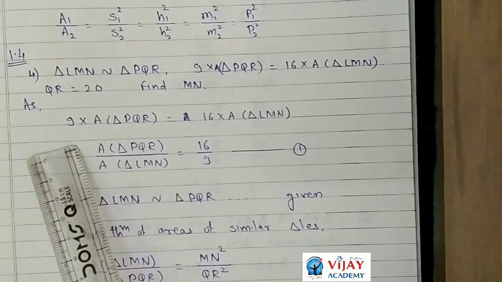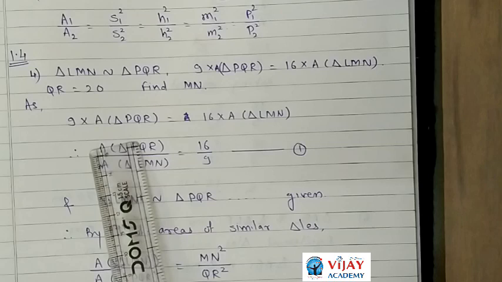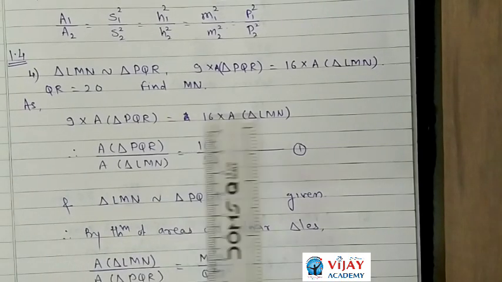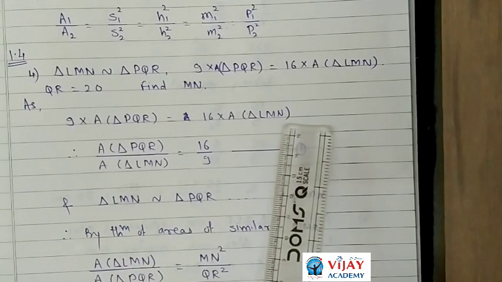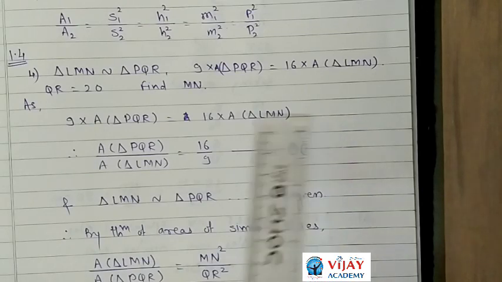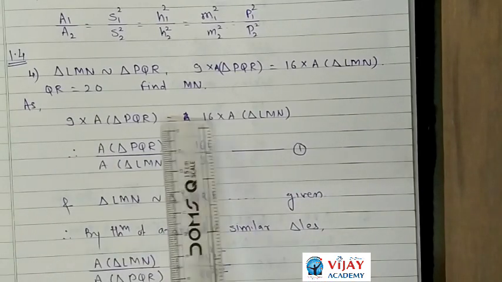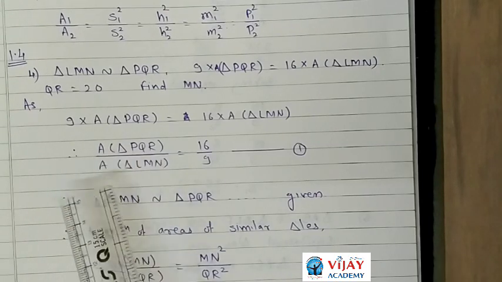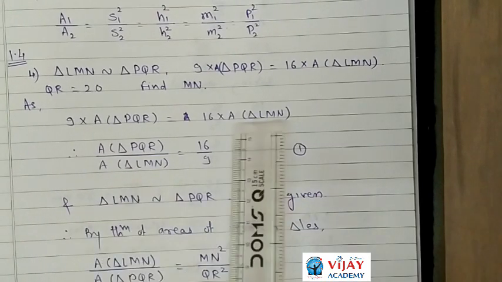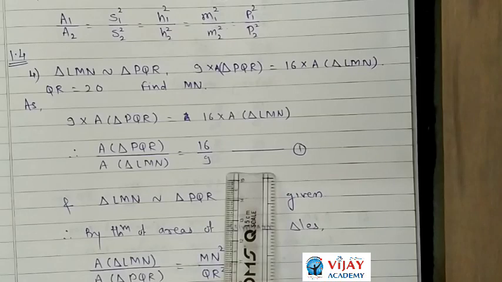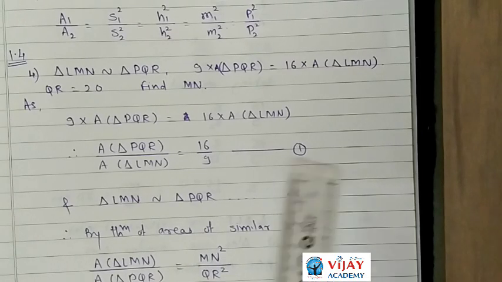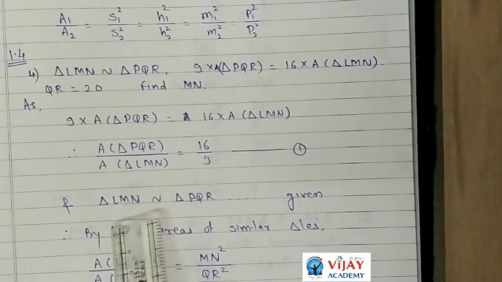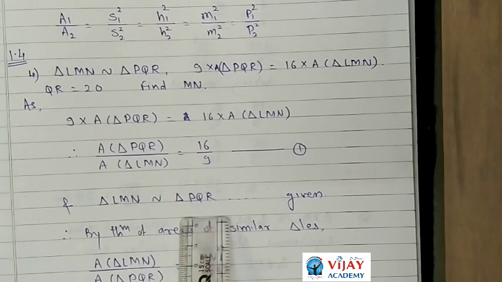As given, 9 into area of triangle PQR is equal to 16 into area of triangle LMN. Now area of triangle LMN is shifted to this side, 9 shifted to this side. So we get area of triangle PQR upon area of triangle LMN is equal to 16 upon 9. This is the first one. As given, triangle LMN is similar to triangle PQR.